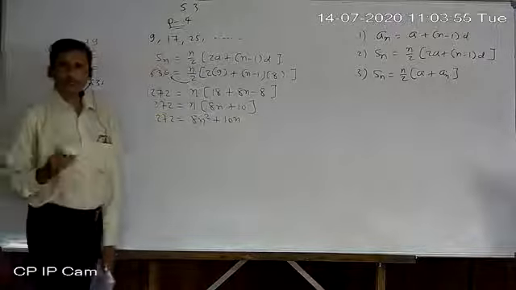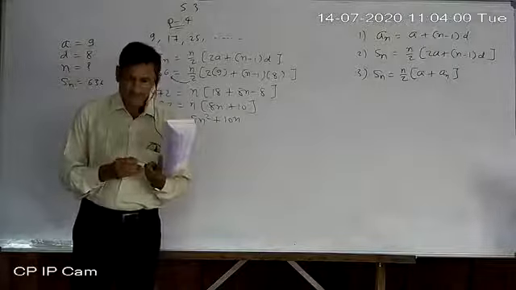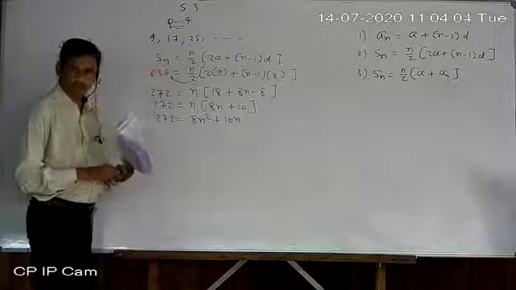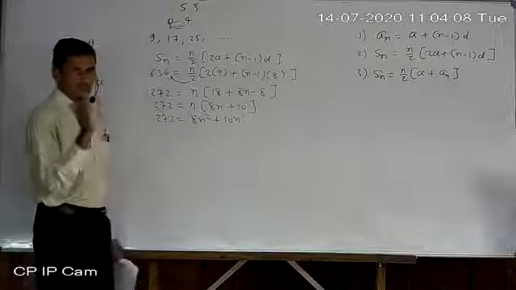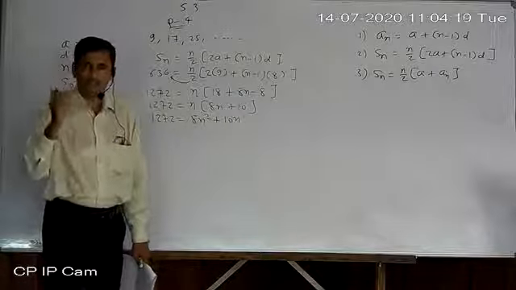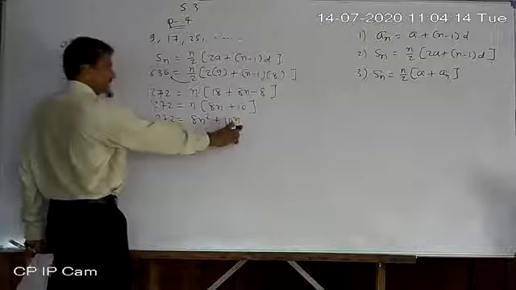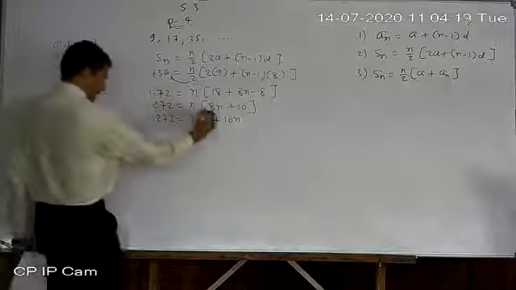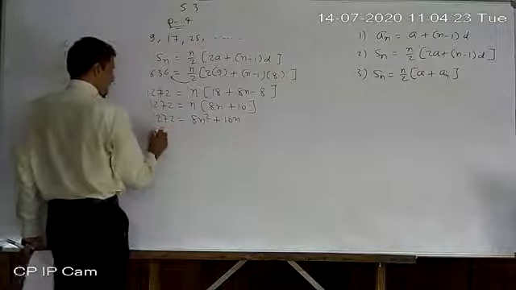Yesterday I taught you that whenever a quadratic equation is formed, it should be in standard form. Standard form means all three terms are on the same side and equal to 0 always. So I was setting this number towards the right side. Why? The first term should be positive. Otherwise I could set these two terms here also, but it is not advisable.